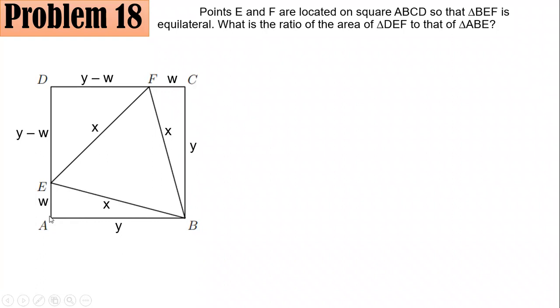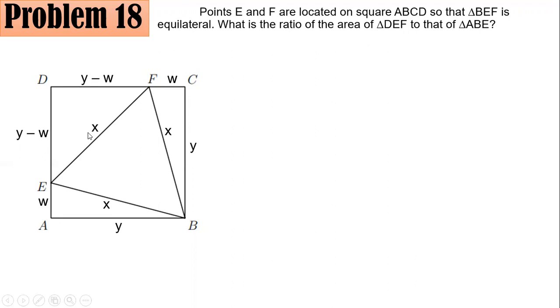This is w as well because these two are congruent, and this is also y. And this is y minus w, y minus w. In fact, DEF is an isosceles right triangle. And the side of this equilateral triangle I represented with x.